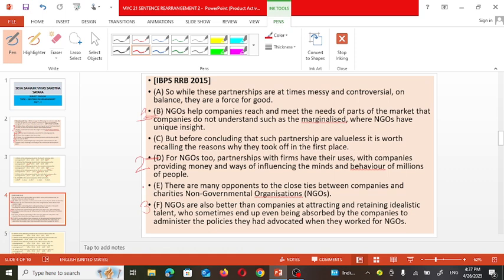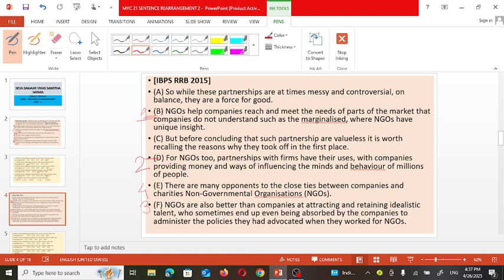Now, after this, the fourth statement can be E, because statement E tells us about the opponents of NGOs and the companies, for which the above stated statements give the idea. See here, there are many opponents to the close ties between companies and charities, non-governmental organizations.